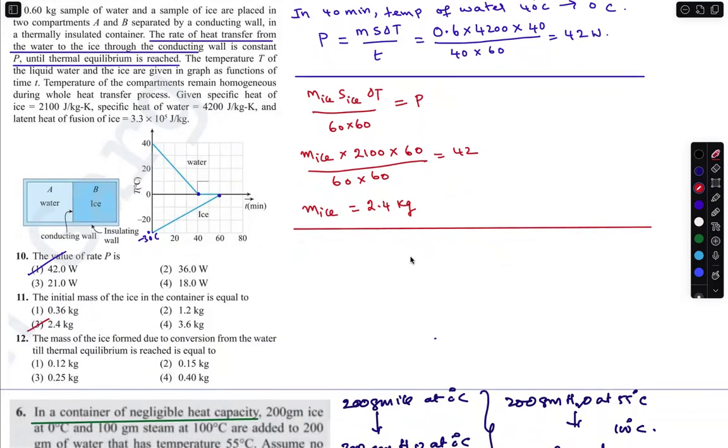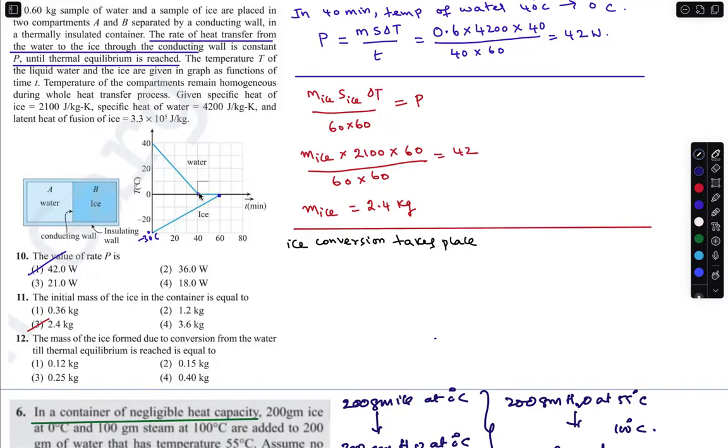Right. The mass of the ice formed due to conversion from the water till thermal equilibrium is reached is equal to, see, after 60 minutes we have attained thermal equilibrium, and that equilibrium is at 0 degrees centigrade. Now, what is happening is ice conversion takes place.